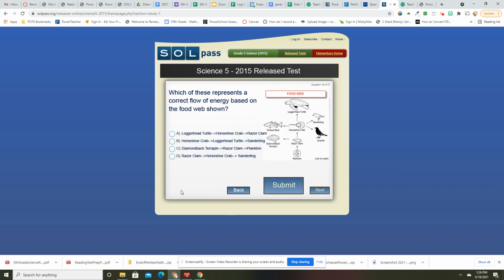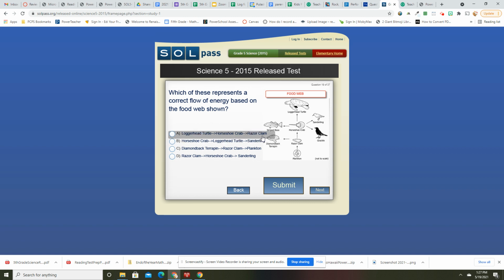Which of these represents a correct flow of energy based on the food web? Remember that the arrow is pointing to which way the energy is going. It's not that the horseshoe crab is eating the bass, but the horseshoe crab's energy is going to the bass. So, loggerhead turtle to the horseshoe crab to the razor clam.